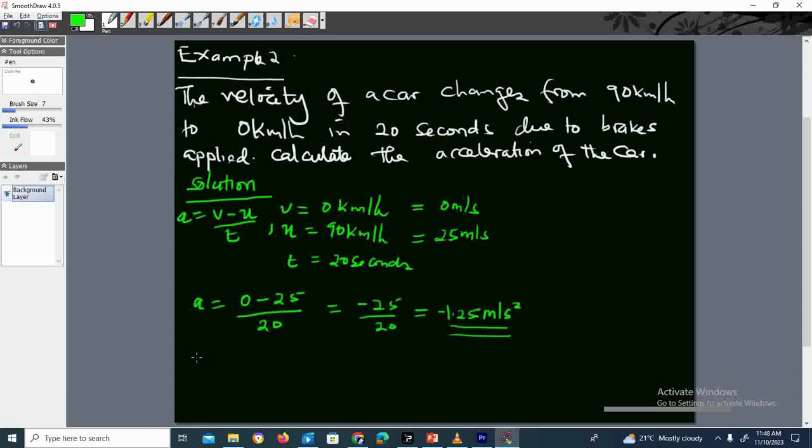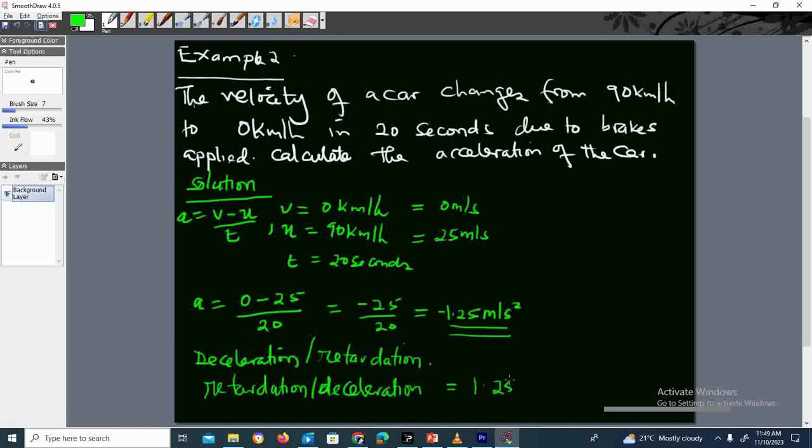But negative acceleration is sometimes referred to as deceleration or retardation. So the retardation or deceleration of the car will be 1.25 meters per square second. When we use these two terms, we drop the negative sign.